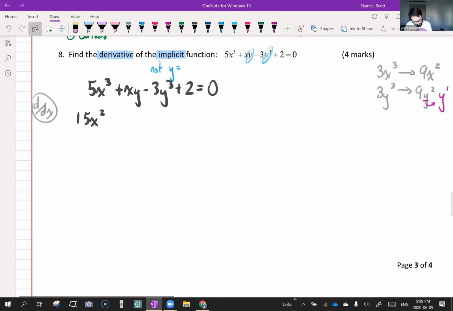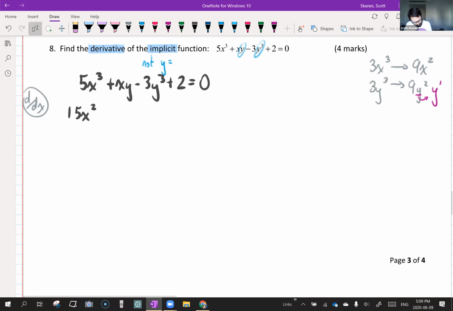Keep this on the page. This is definitely a product rule, like you said. First function, second function. Think of it as f and g. The reason for that is we have two functions touching each other. X and y are both functions or variables. We need to use the product rule. Ali, you said the power rule.